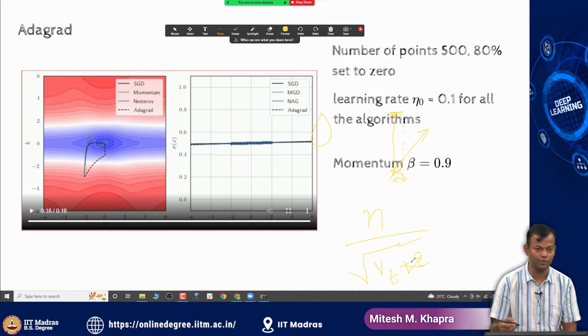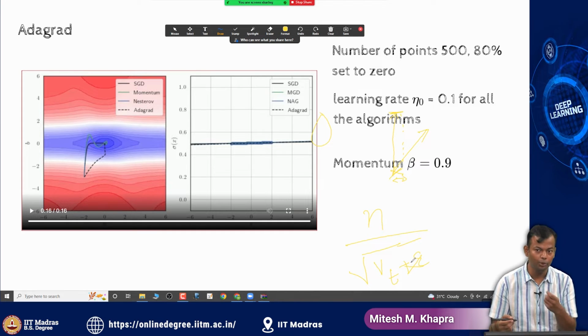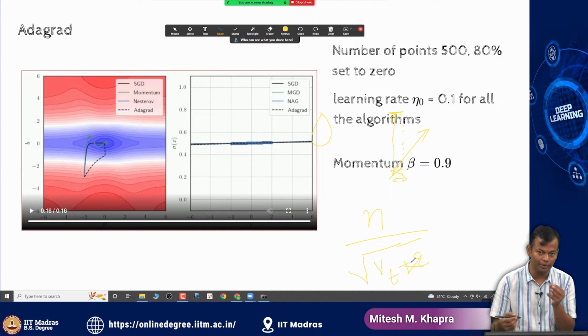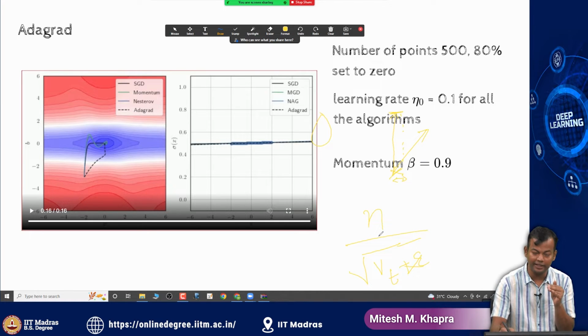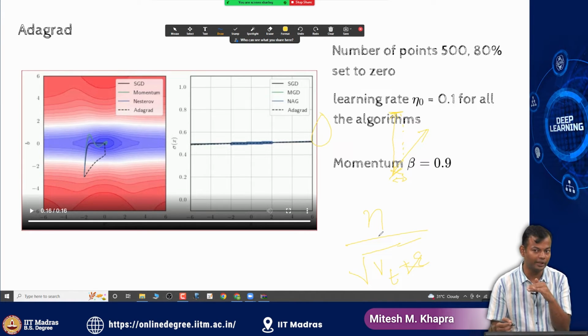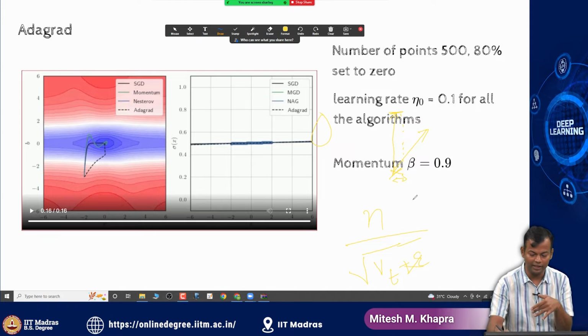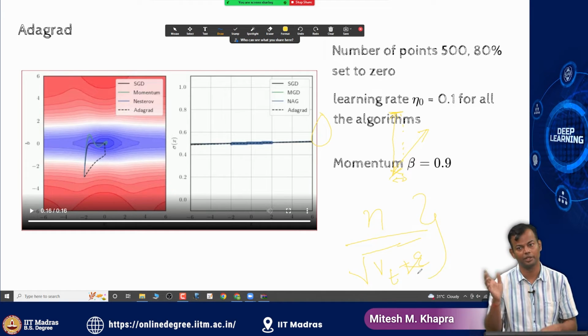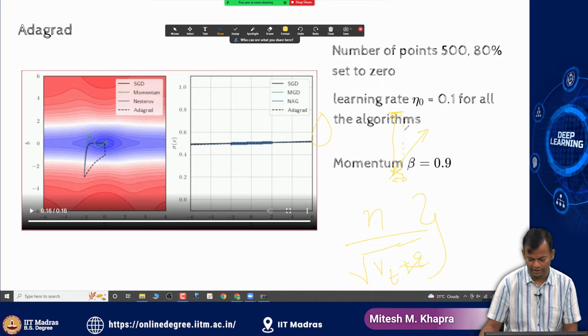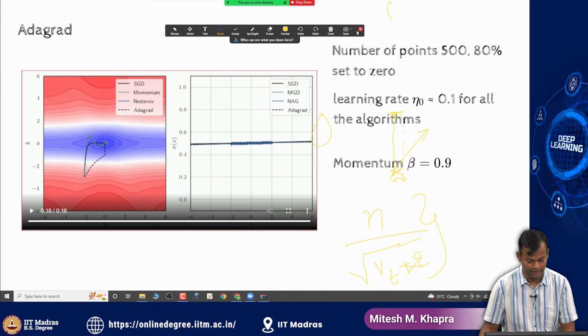So it's divided by the square root of Vt, and for W, this Vt is going to be very small because I'm not getting large derivatives there. Hence, eta is getting divided by a very small quantity, and if that quantity is less than 1, then effectively this learning rate is increasing, right? And that's what is pushing the derivative there. I'll just explain this in more detail on the next slide.